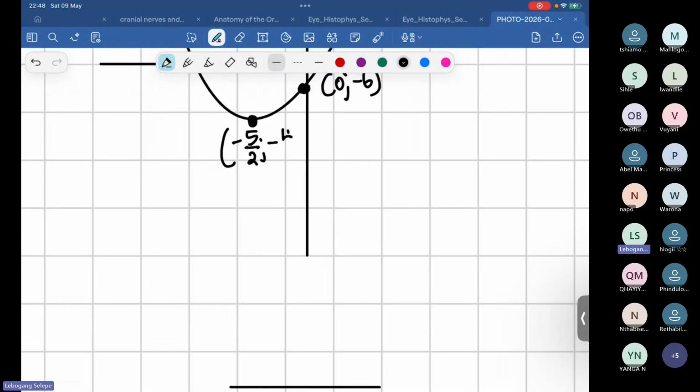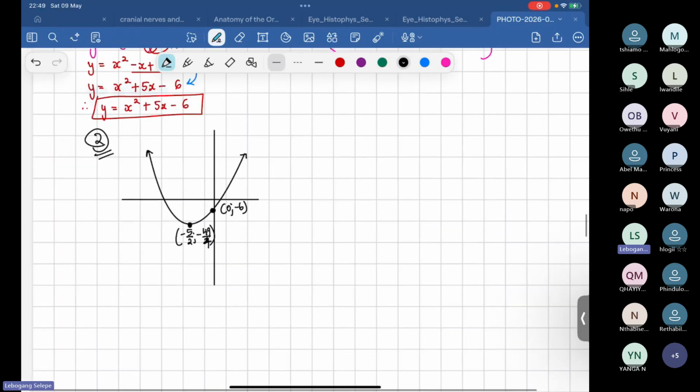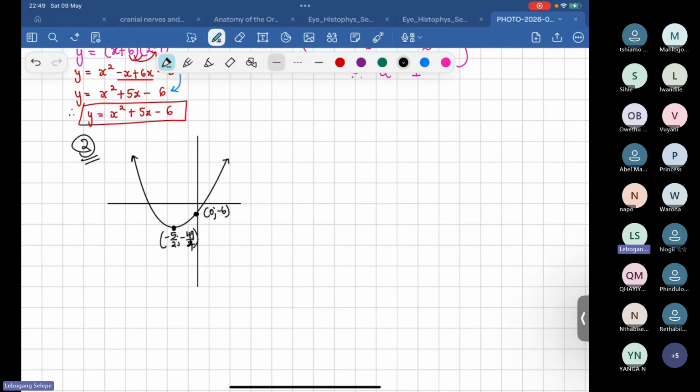The turning point is (-5/2, -49/4). Given this graph, we're now determining the equation given the turning point and another point on the graph.